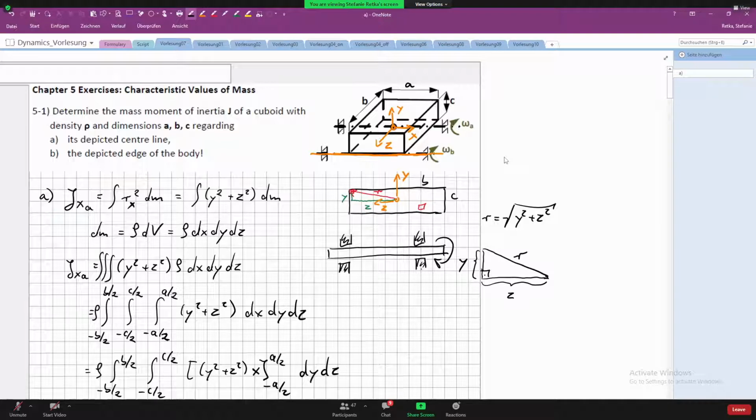Understood. So they enable the rotation, but no translational motion in vertical direction.